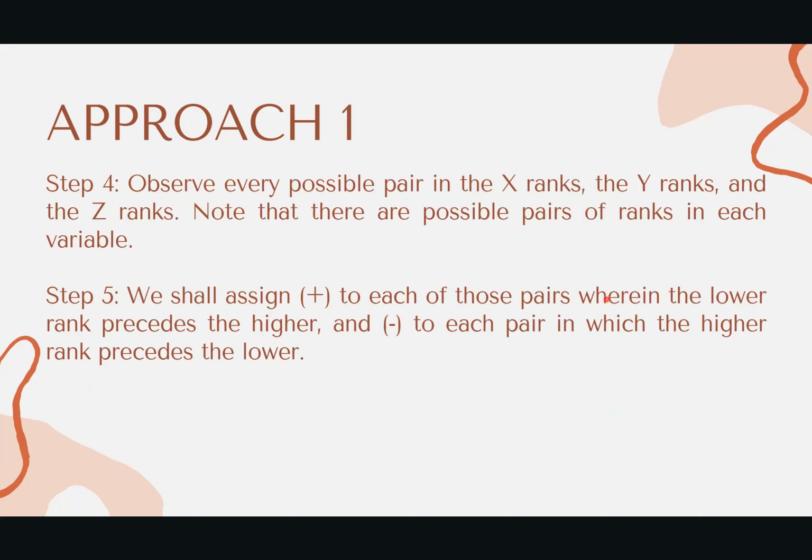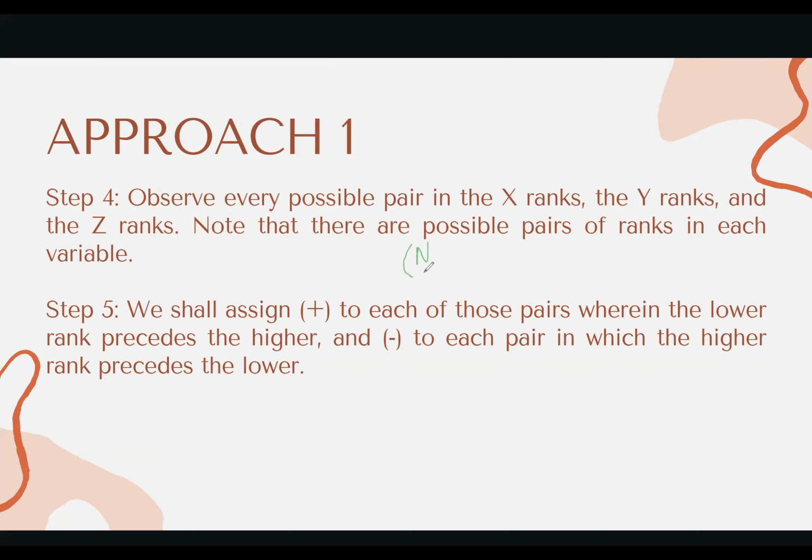Step 4, observe every possible pair in the X ranks, the Y ranks, and the Z ranks. Note that there are n taken 2, sorry. So kindly just put n taken 2 here as the possible pairs of ranks in each variable.